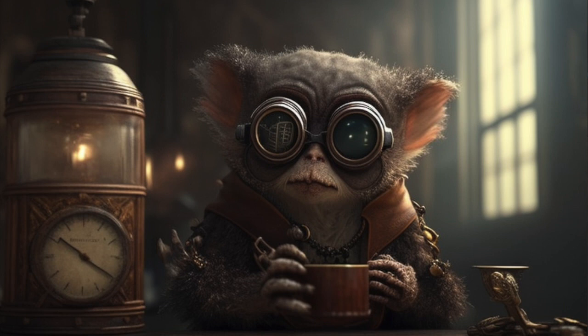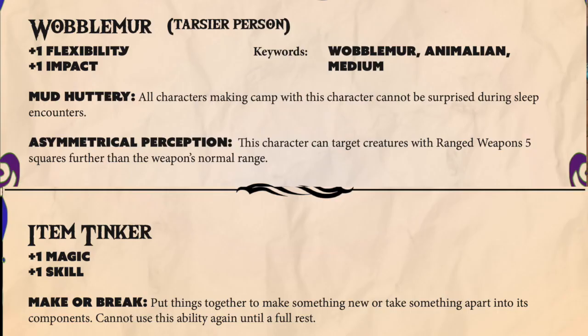We have the Wobblemur, which is essentially an anthropomorphic tarsier. Big eyeballs, kind of almost like a lemur. And then Item Tinker, which really sounds like it's intellectual, but in the skills that it gives you, it's actually magic and skill, which we went over was the shrinking, but then skill being more like the cat burglar and that kind of set of skills.